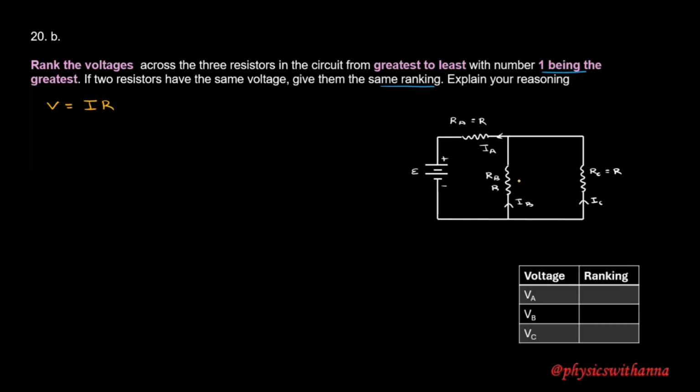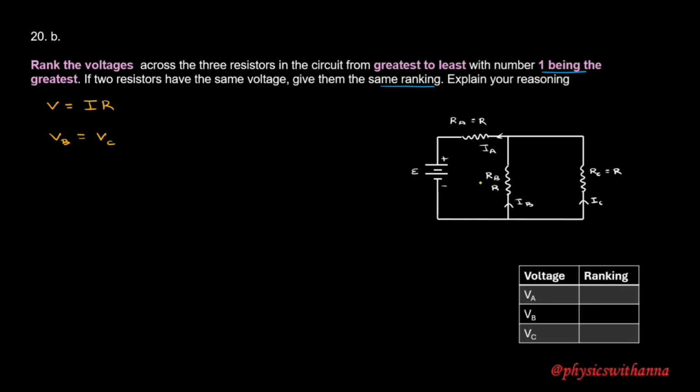And we know for any parallel circuit, potential drop across each parallel branch is equal. So potential drop across RB, which we will write as VB, must be equal to potential drop across RC, which we will write as VC. So VB and VC are equal, but we still need to find how they compare with the potential drop of A. So let us first find the equivalent resistance of these two.